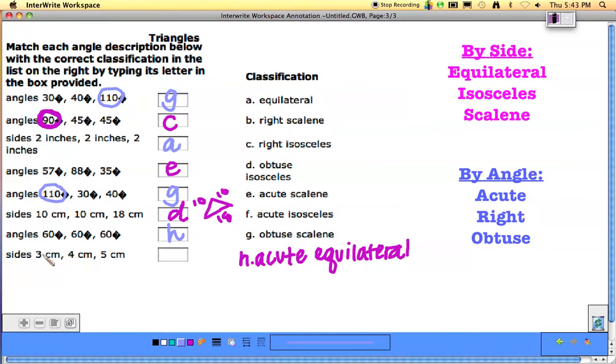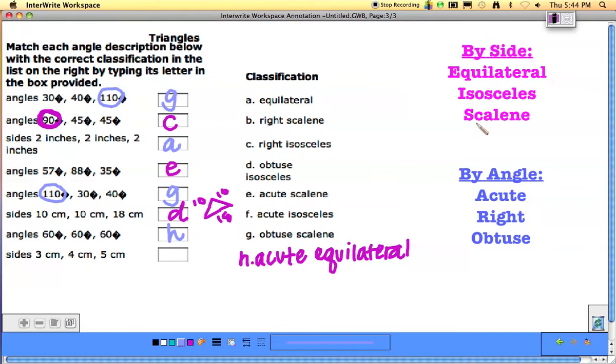And this one says sides are 3 centimeters, 4 centimeters, and 5 centimeters. So all of these sides are different side measurements, right? Well, with different side measurements, that means that we're looking at a scalene triangle.